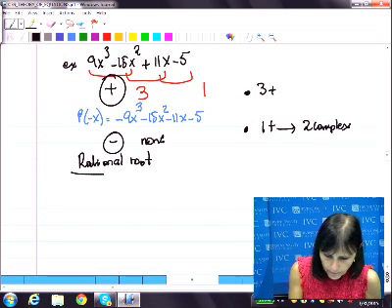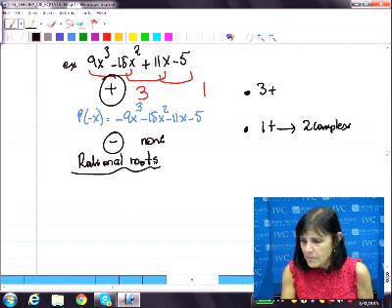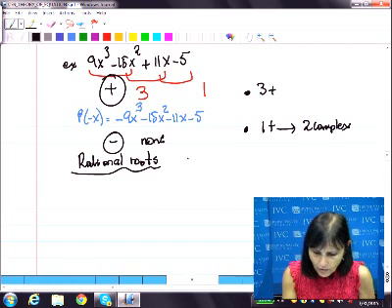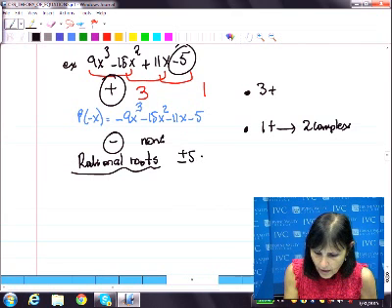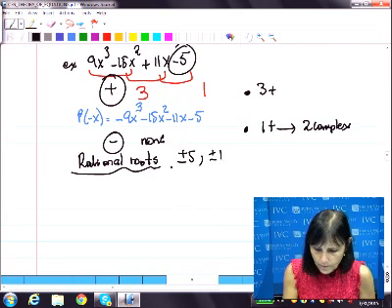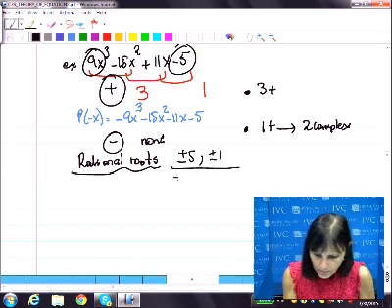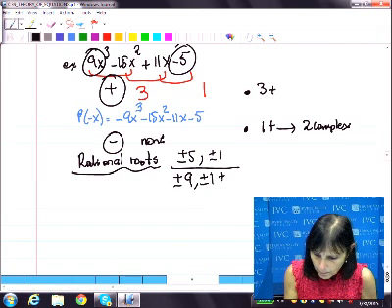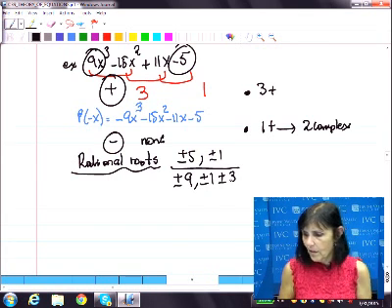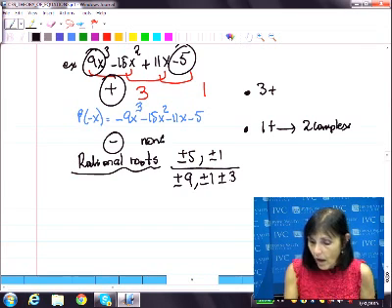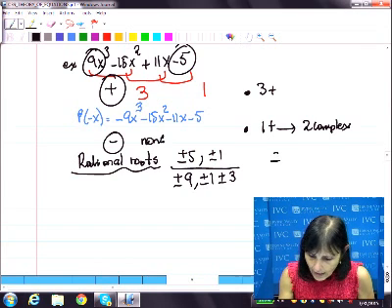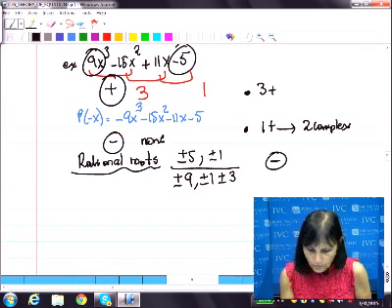How does that work? The rational roots, I'm supposed to look at negative 5, so that will give me plus minus 5 and plus minus 1. When I look at 9, that gives me the other ones, plus minus 9, plus minus 1, and plus minus 3.